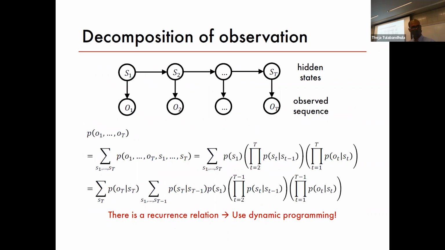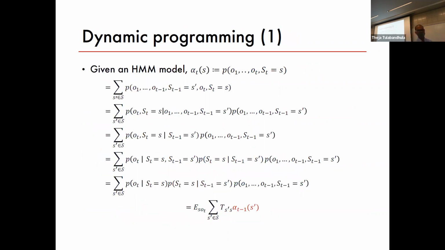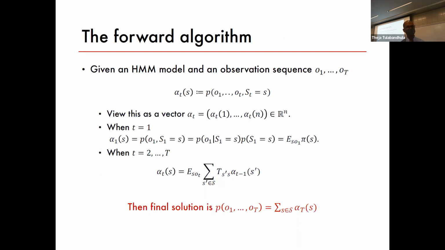So this is recursion, and let's say the recursion in the previous slide was correct. We didn't check all the equations, but let's say it was correct. Then we can solve the original question, the first question. The first question was, what is the likelihood of a given sequence of observations?